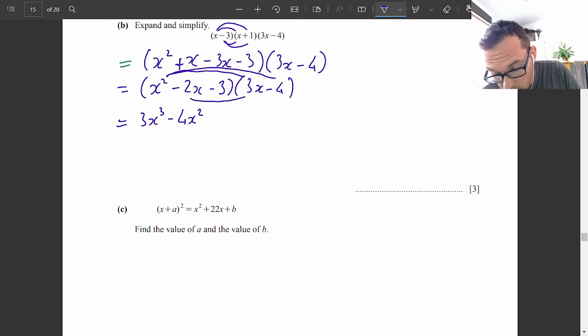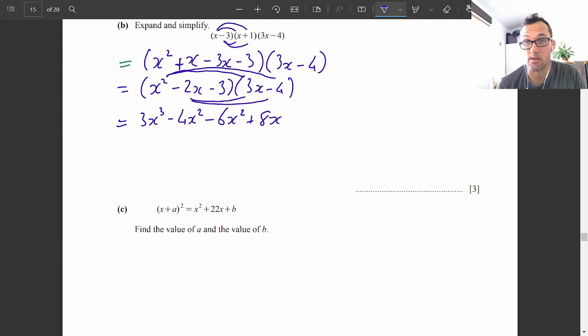Minus 2x times 3x gives a negative 6x squared, and negative 2x times minus 4 gives positive 8x. Look carefully at the signs to get them right. Last one, the negative 3. Negative 3 times 3x gives negative 9x, and negative 3 times negative 4 gives positive 12.